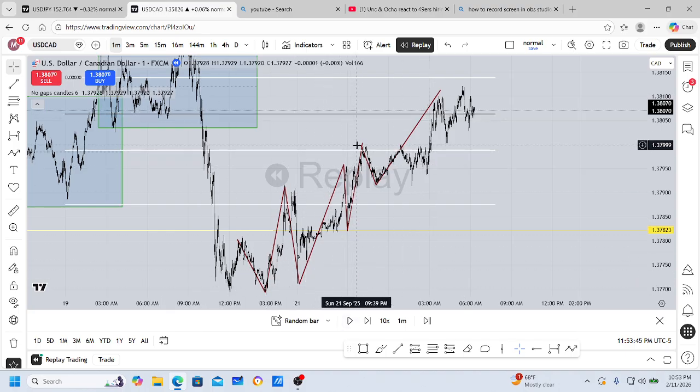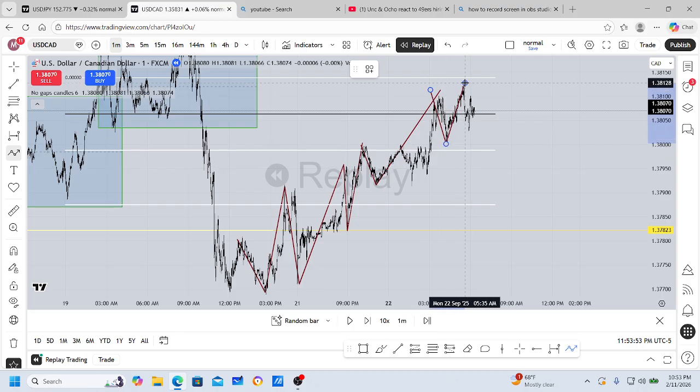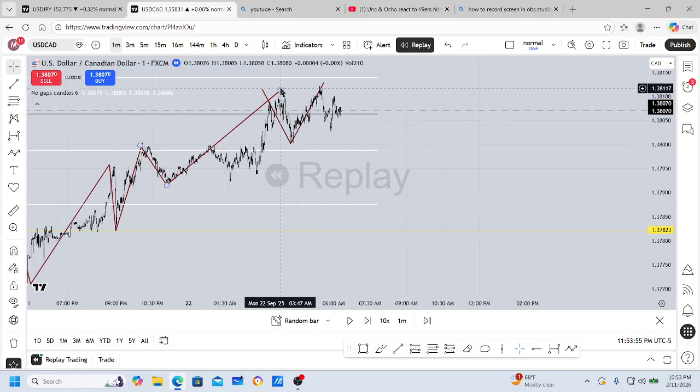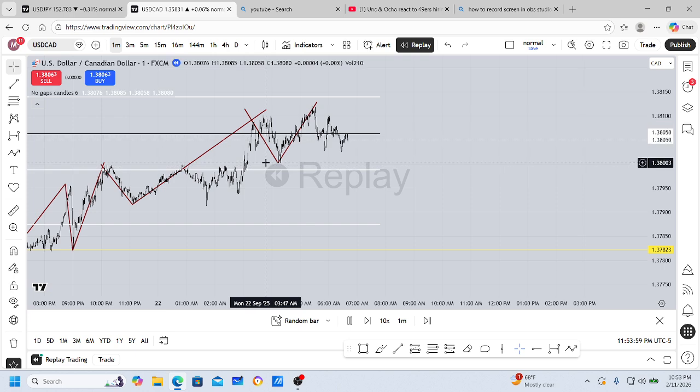1, 2, 3, 4, 5 swings. So we have 5 swings. Bang. Right? And then what happened? Some ranging.